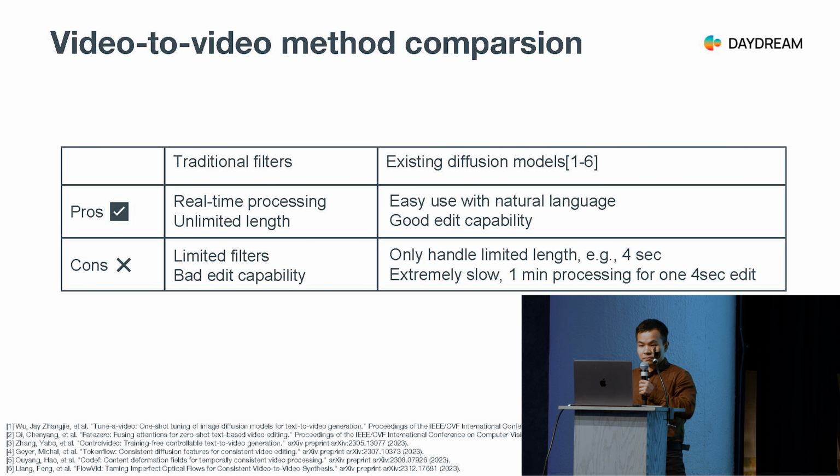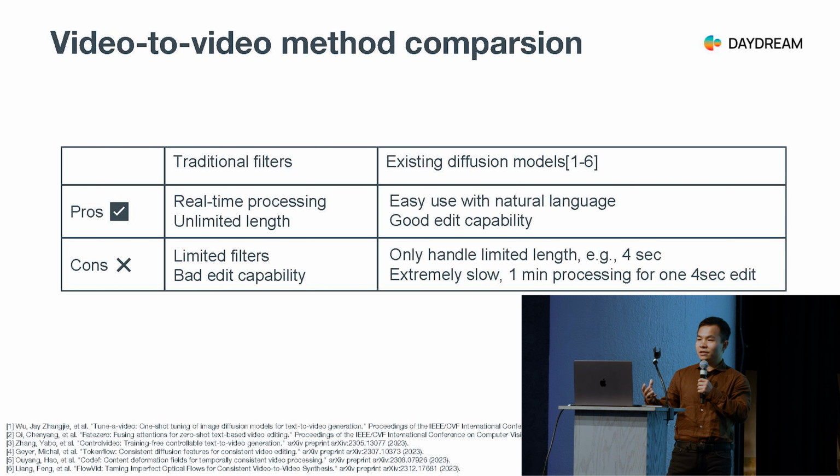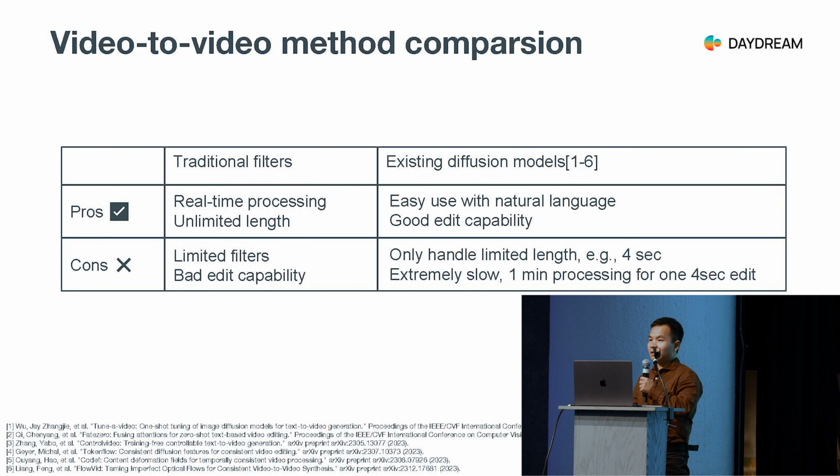But like previous speakers have all mentioned, they can only deal with very limited length of videos, like 4 seconds, and they're extremely slow. Just 1 year ago, it would take like 1 minute to get a 4-second output.